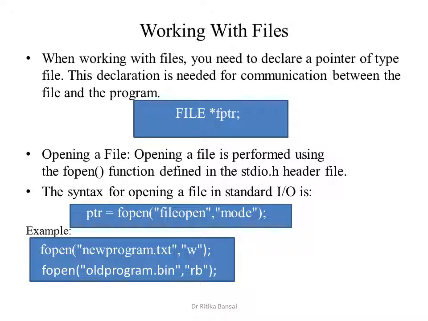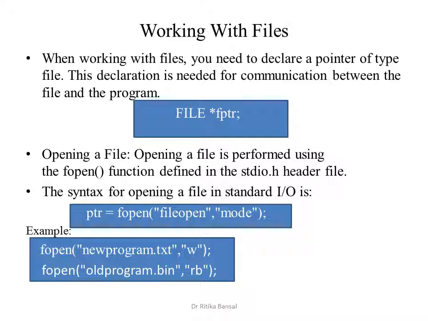Let's start with the first blue block, FILE star fptr. It means FILE, capital in caps lock. This FILE is a data type which is used to declare a pointer, like int, float, char.